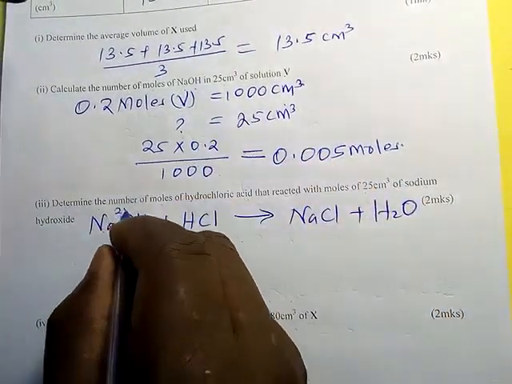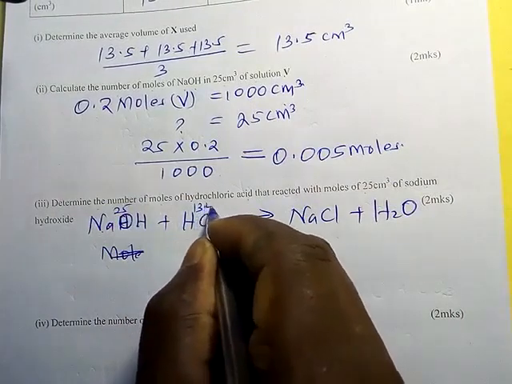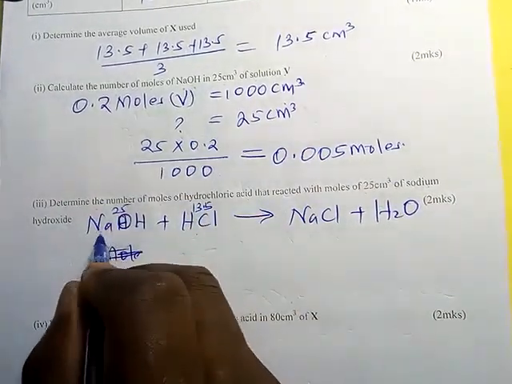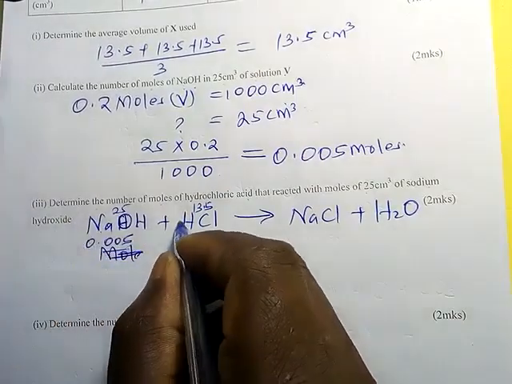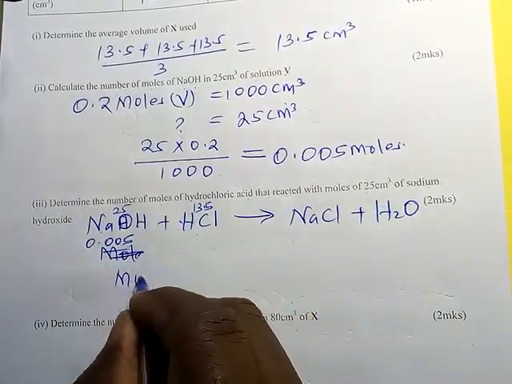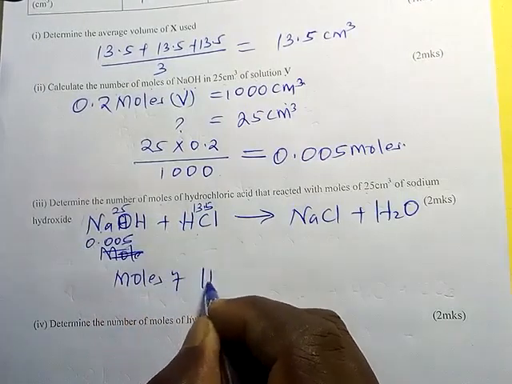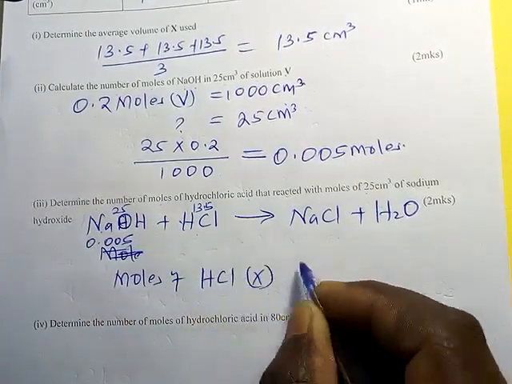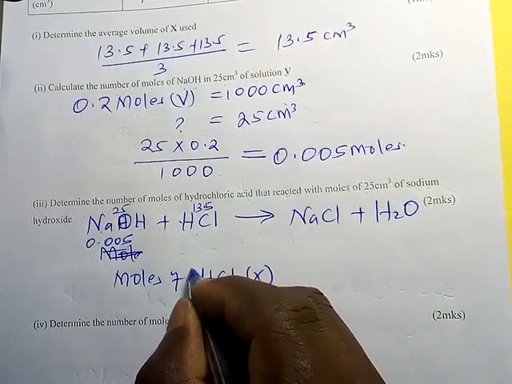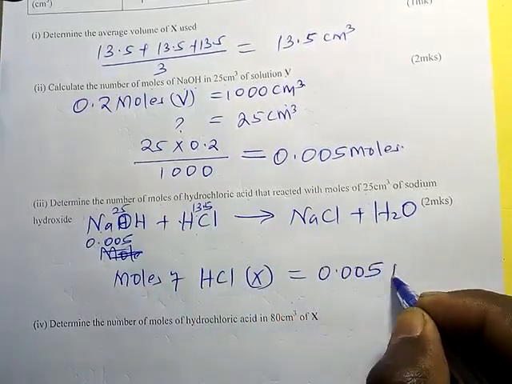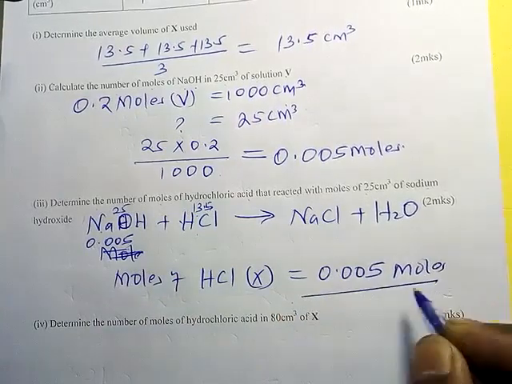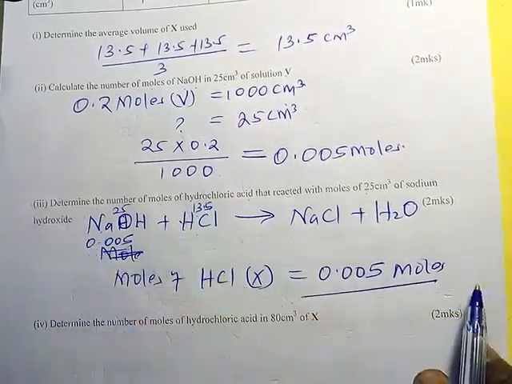This was 25 and this one is 13.5. So the number of moles here is 0.005, but the ratio is 1:1. It means that moles of HCl solution X that was used, the volume which is 13.5, equal to 0.005 moles, because the ratio is 1:1.